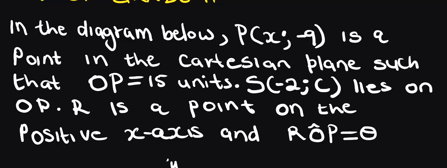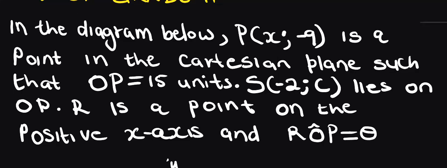Point P(x; -9) is a point in the Cartesian plane such that OP is equal to 15 units. Point S(-2; c) lies on OP. R is a point on the positive x axis and angle ROP is equal to theta.